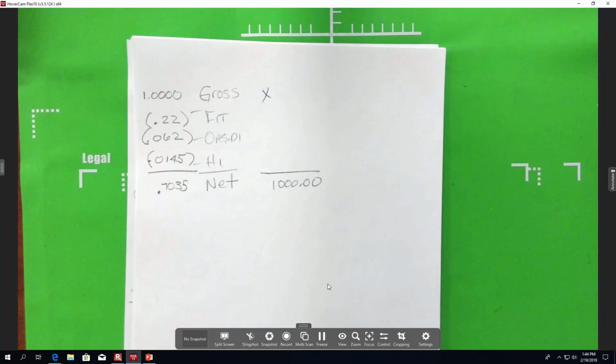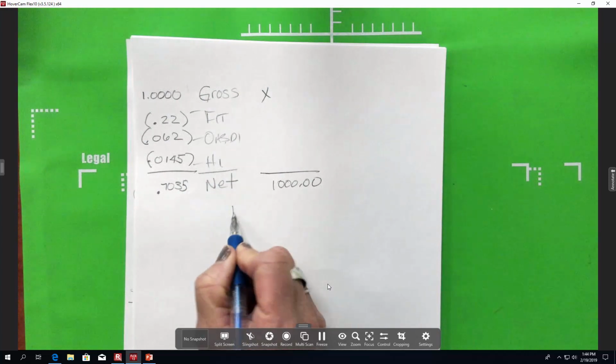What do I do now, mathematically, to solve for X? It's not a multiplication problem. Divide 1,000 by .7035. That's exactly what you do.